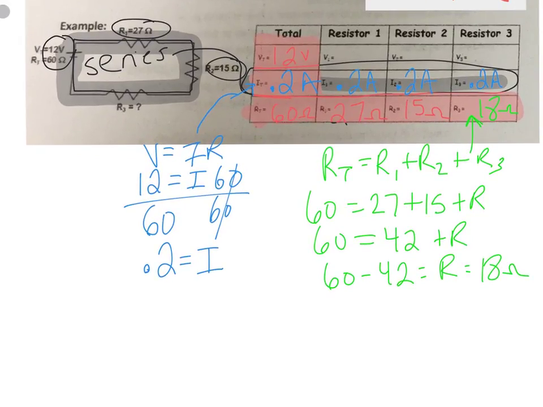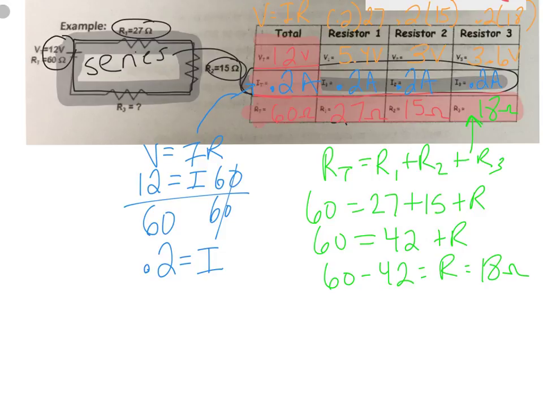So I'm going to do V equals I times R. So 0.2 times 27 will give me my V, 0.2 times 15 and 0.2 times 18. So 0.2 times 27 should give me 5.4 volts. 0.2 times 15 should give me 3 volts. And 0.2 times 18 should give me 3.6 volts.